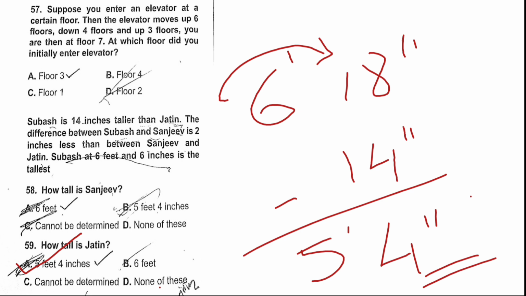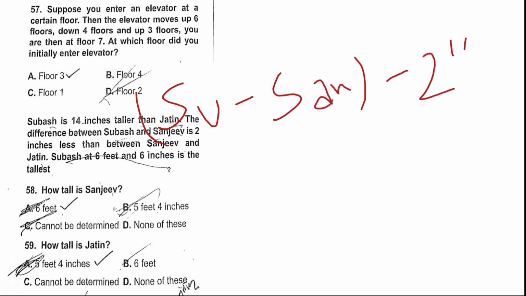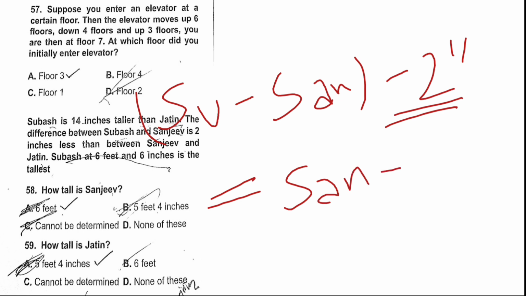Now let's see the second part of the question, what it says. The second part says the difference between Shubhas and Sanjeev is 2 inches less than between Sanjeev and Jatin. What it is saying? The difference of height between Shubhas and Sanjeev is 2 inches less than between Sanjeev and Jatin, right?